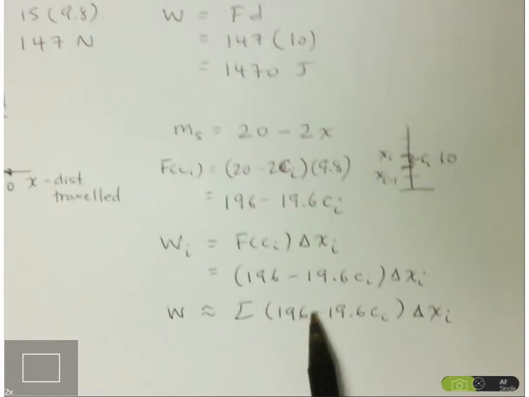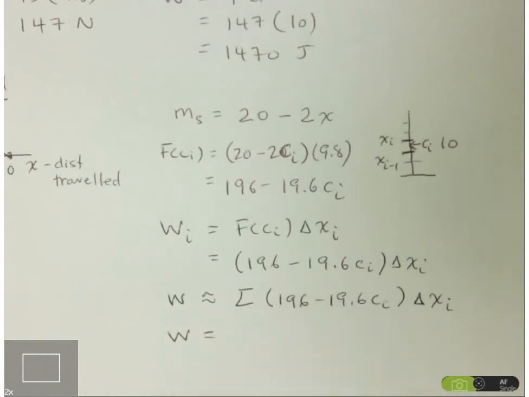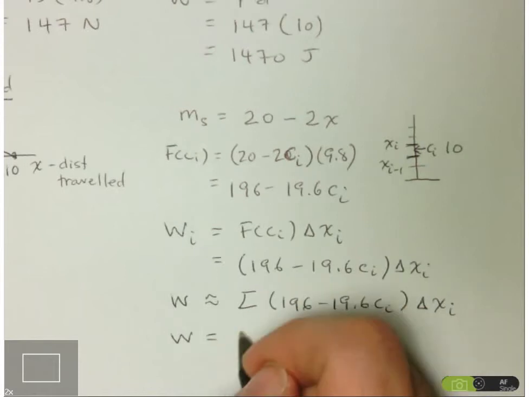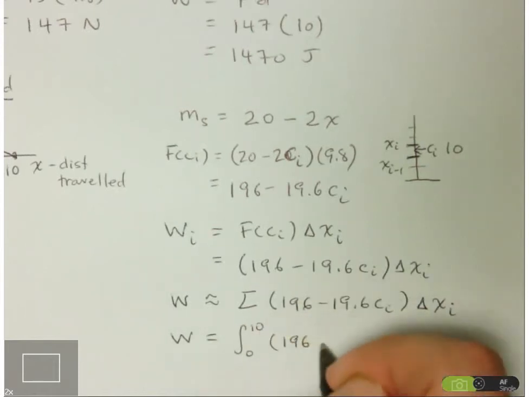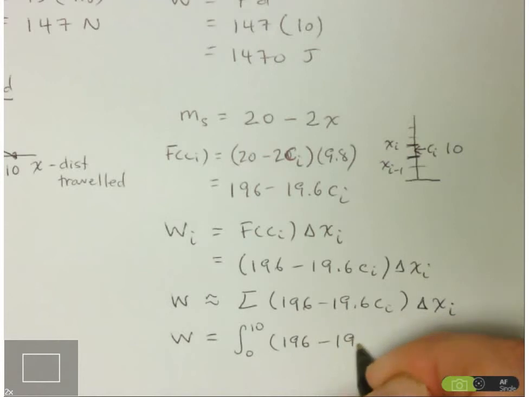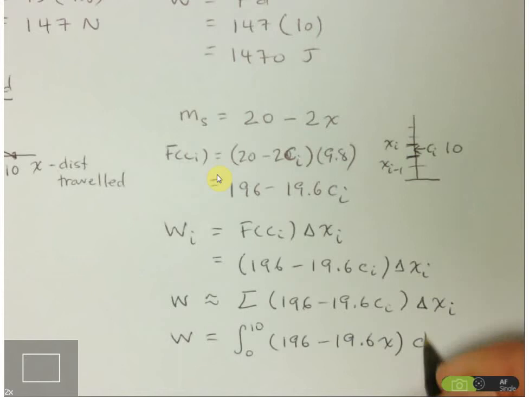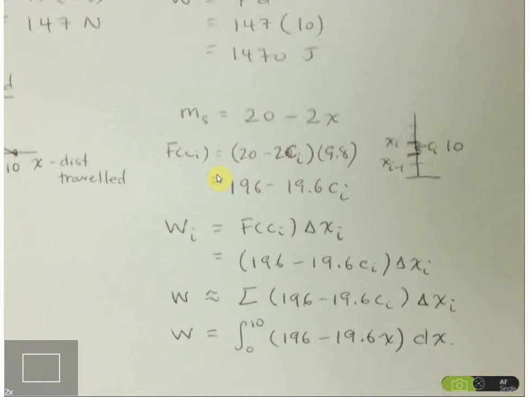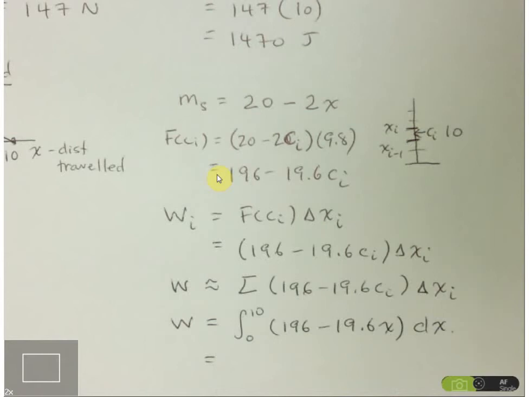And so we can calculate the true work by taking the limit as our partitions go to 0, which will give us the integral from 0 to 10 of 196 minus 19.6x dx, where c_i becomes our x, and delta x_i becomes our dx. That's an easy integral to solve, so you can do that on your own or just put it in a graphing calculator, and what we get here is 980 joules.